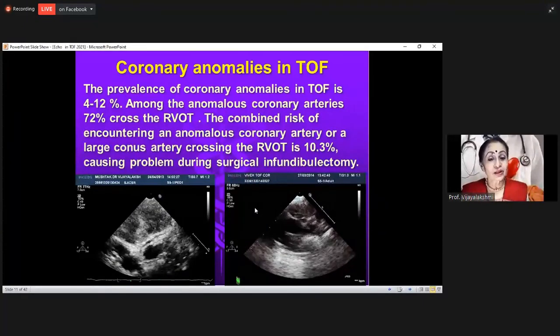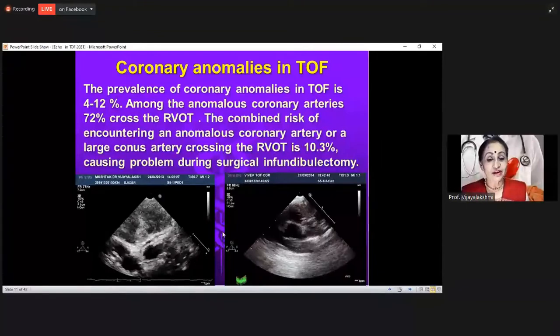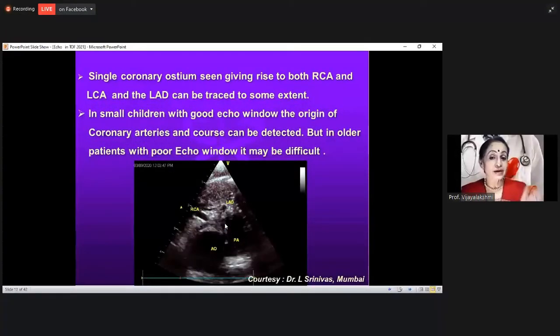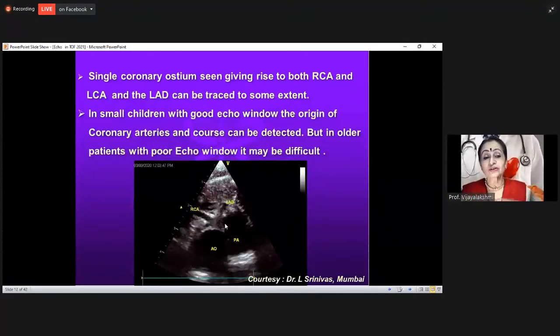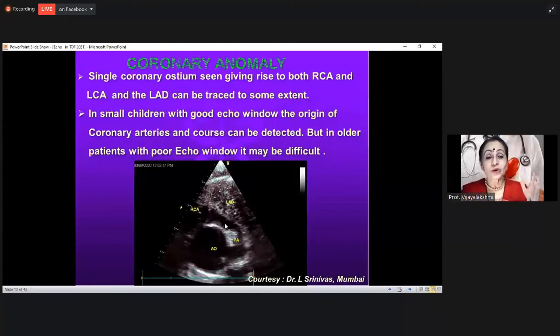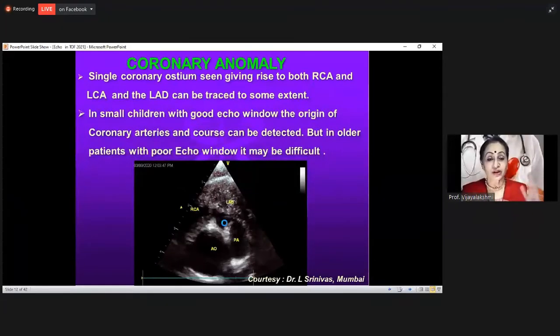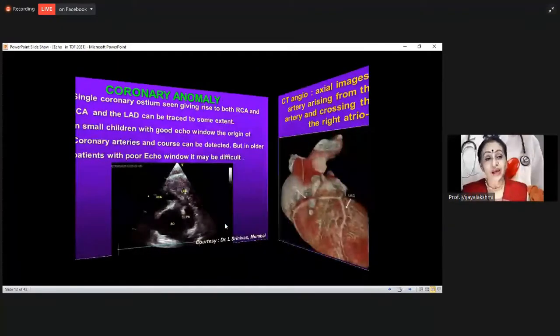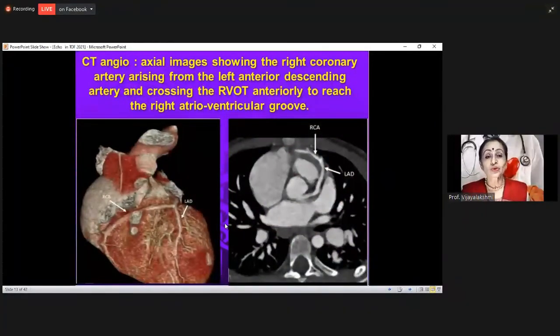The single coronary ostia, as you see here, with both RCA and LCA coming from a single ostia. In small children, it is very easy to trace it, whereas in older patients, it becomes difficult to trace. And in such cases, CT angio with the axial image showing the right coronary artery arising from the left is very nicely seen here, and then how it goes through the right atrioventricular groove.